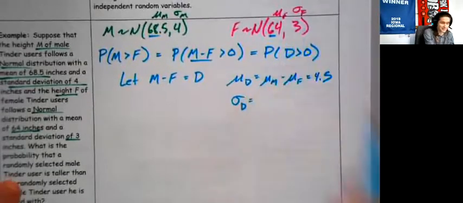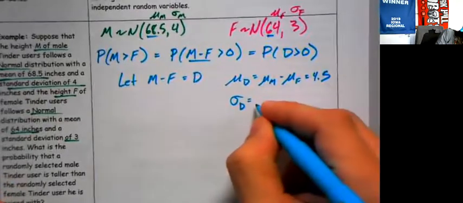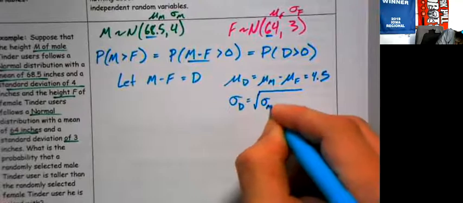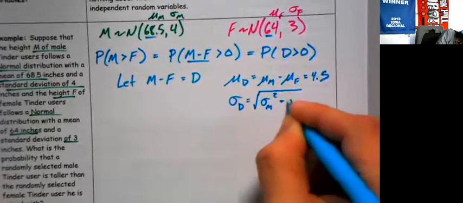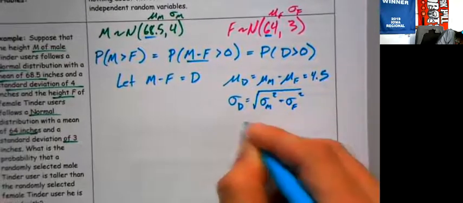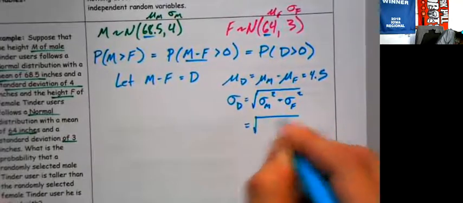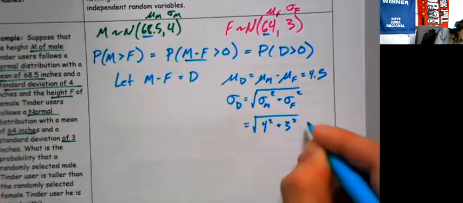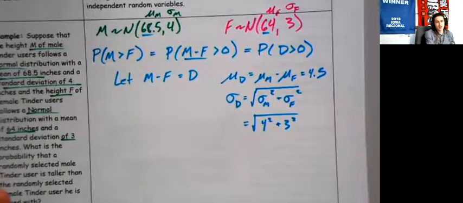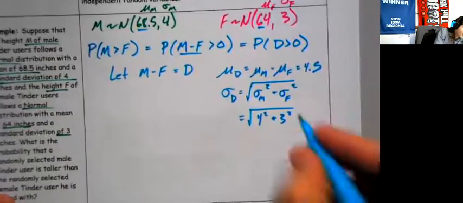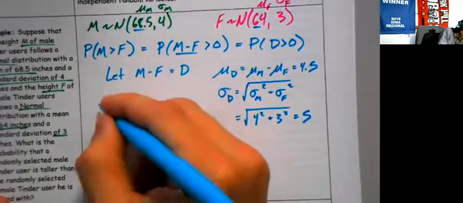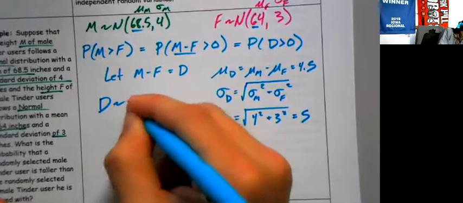You might recognize that as a Pythagorean triple, 3, 4, 5: square root of sigma M squared plus sigma F squared. That is square root of 4 squared plus 3 squared, 16 and 9 make 25, square root of 25 is 5. So all of a sudden, we have now decided that D is distributed normally.